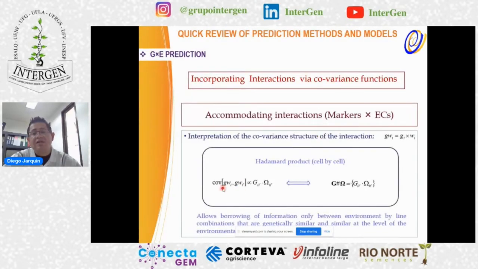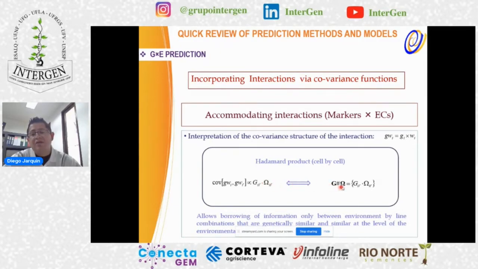We consider this interaction component between markers and environmental covariates, and we found that when we characterize this component, the covariance structure is equivalent to the product between the kinship matrix based on markers or pedigree and the matrix constructed with the environmental values.